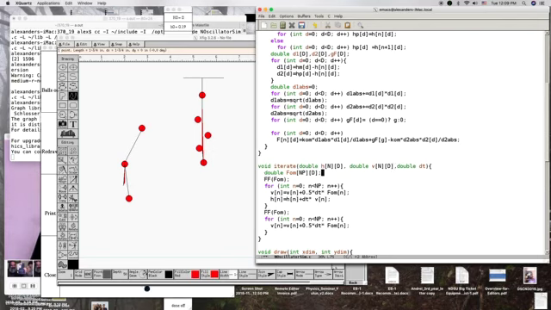And fd. So now we calculate the force. And all that happens now is we do this for all particles, and we do this for d equals 0, d smaller than d, d plus plus. In fact, we can leave this one out and then put the bracket right here.